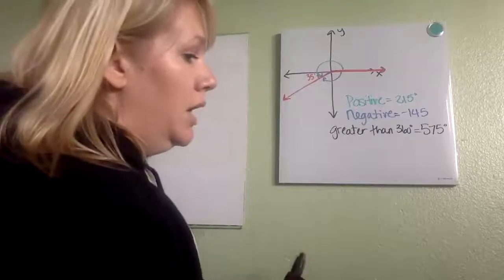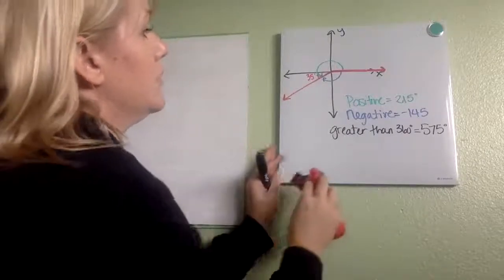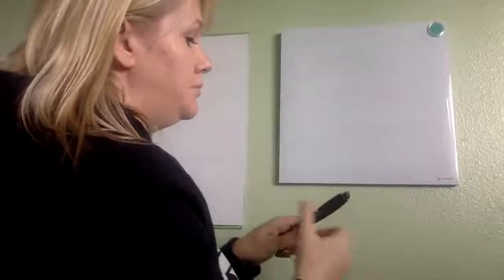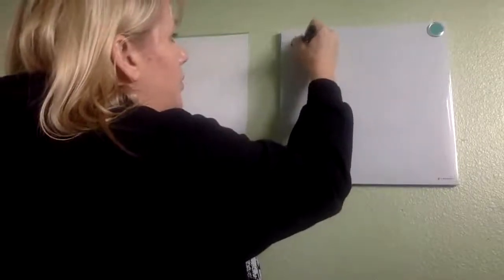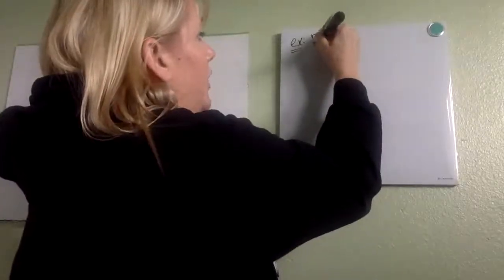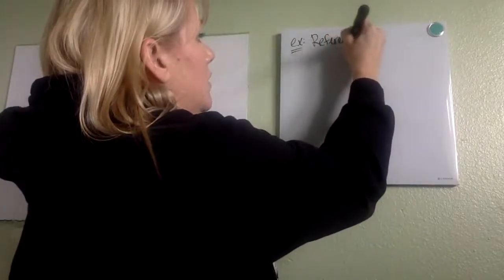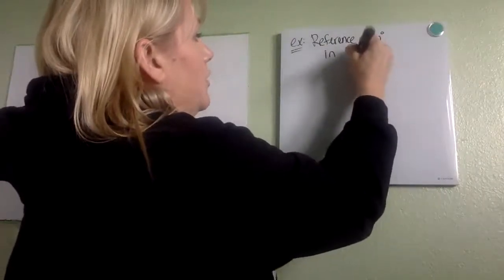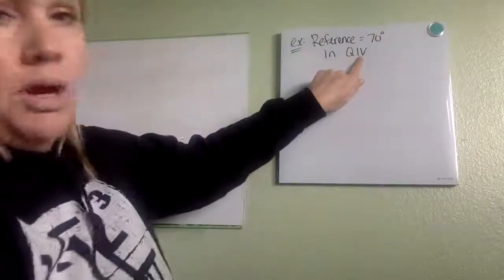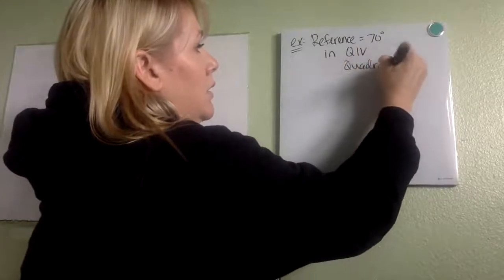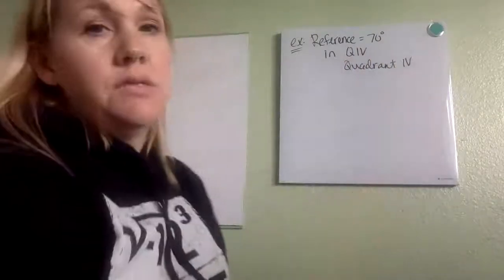Let's do one more like this one. In this example, they give it to us in words and not necessarily a picture. So if we're told that our reference angle is 70 degrees and it's in quadrant 4, that's how the book represents quadrant 4. They might even write it out, quadrant 4, right? That means the fourth quadrant.